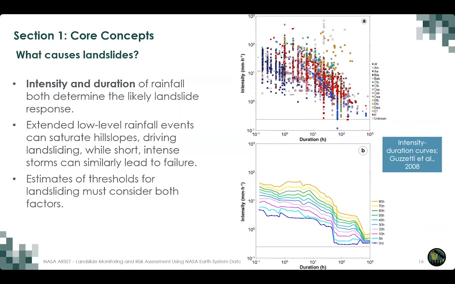But as the duration of rainfall increases and goes on for longer, you might require a lower intensity of rainfall overall, and that's observed in this empirical data set. So when we build these more statistically based analyses, which we'll talk about later in this training course, we want to think about this threshold of both intensity and duration. These are key factors to consider side by side.